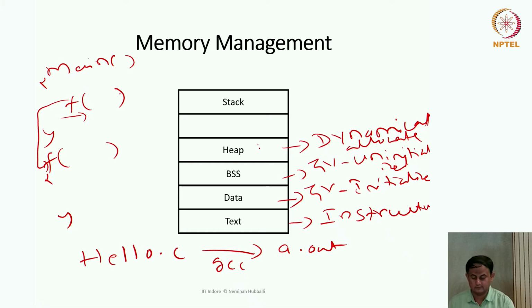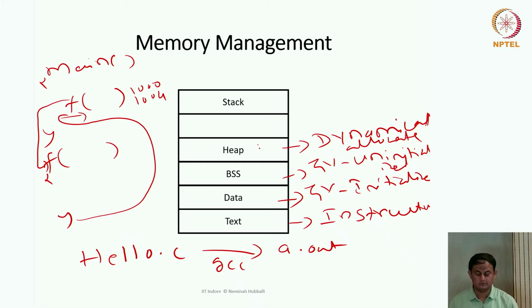Let's say the call to f is made at location 1000, and maybe 1004 is the next instruction. This address is the place where the control has to jump back after the execution of function f, meaning it has to go back to address location 1004. So this return address is stored as part of the stack.